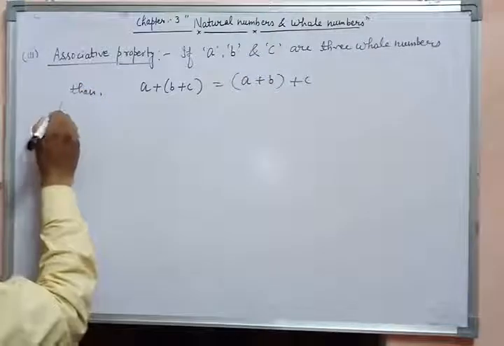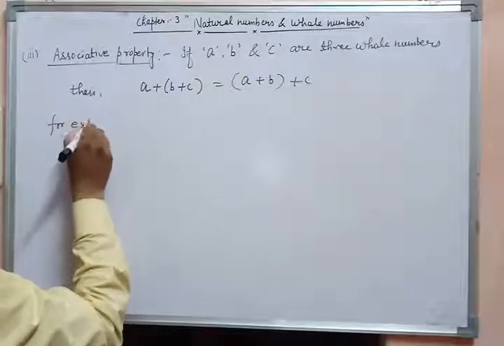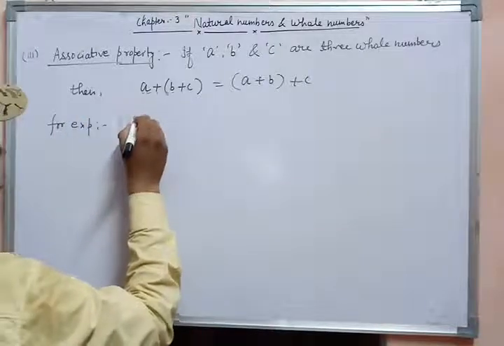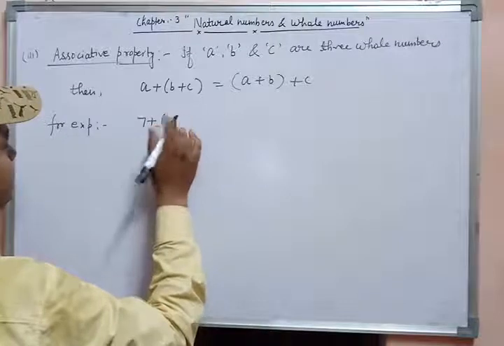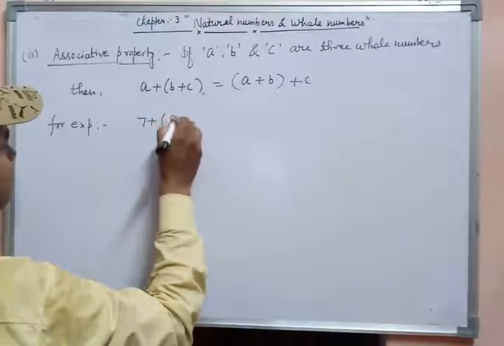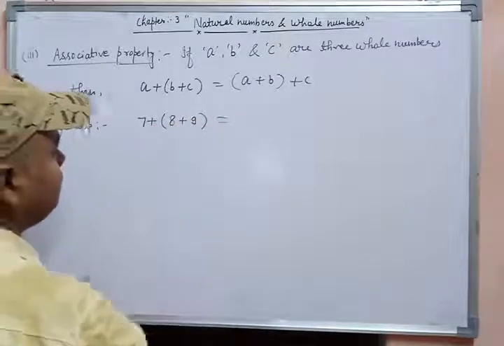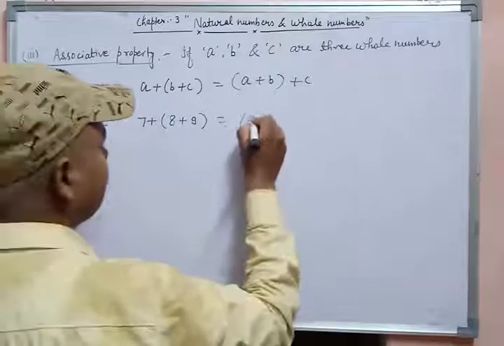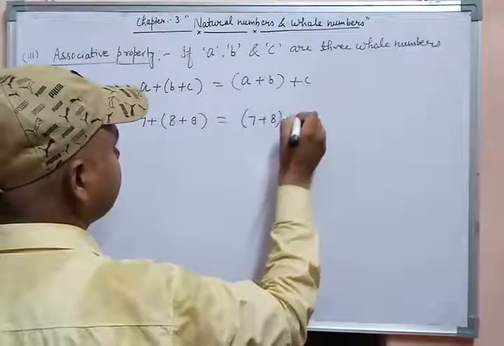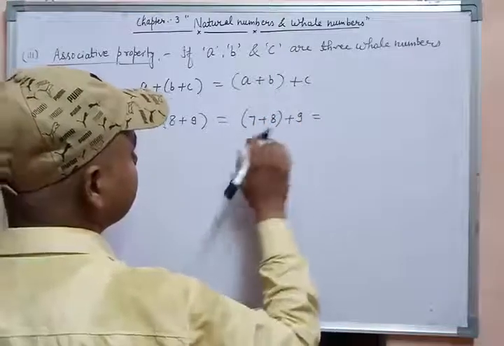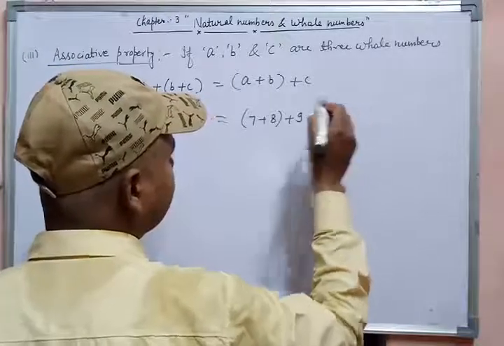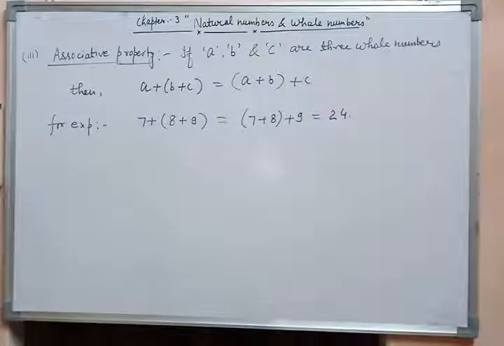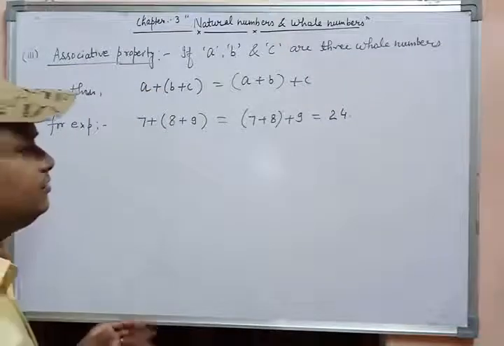For example, (7 plus 8) plus 9 is also equal to 7 plus (8 plus 9), that is 7 and 15, 15 and 9, 24. Okay. So this property is called the associative property.